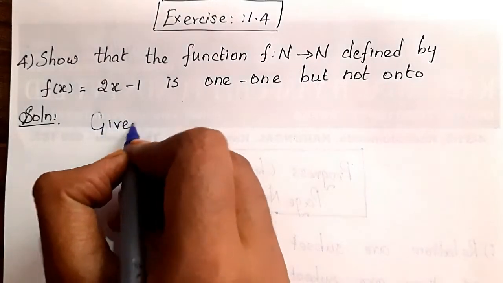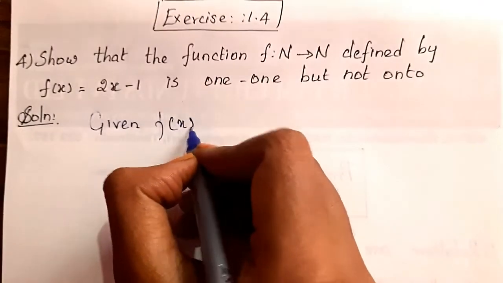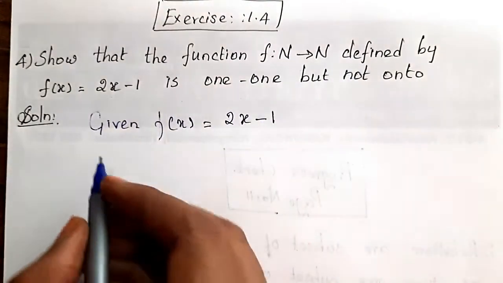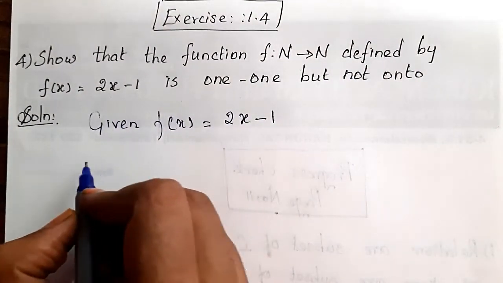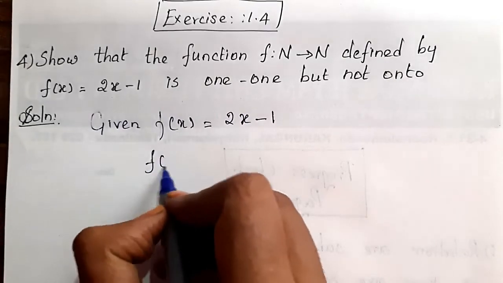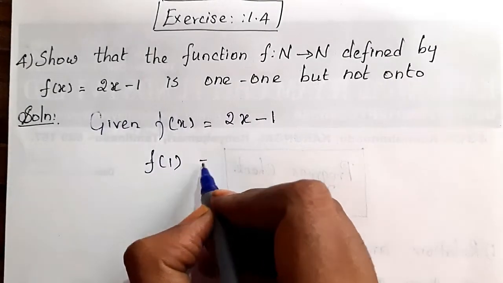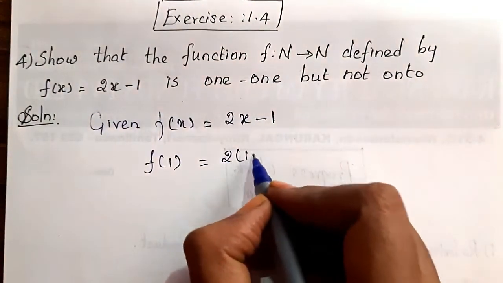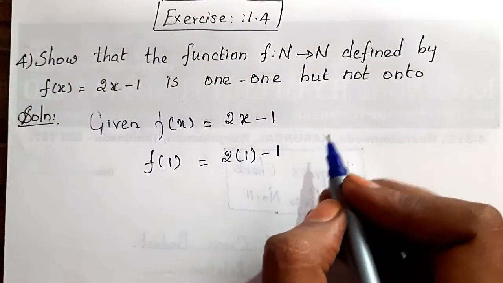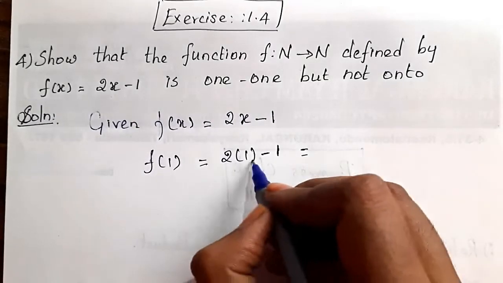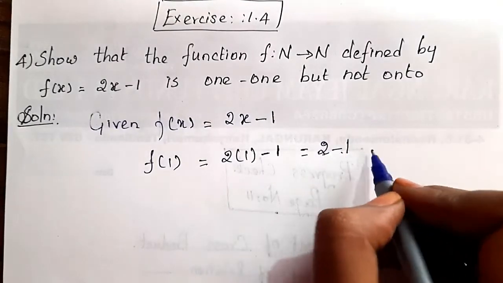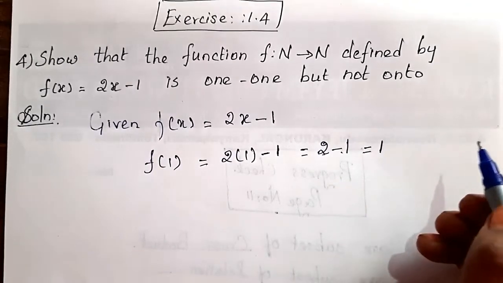Given f of x equal to 2x minus 1. So we can find out f of 1. f of 1 equal to, just substitute the value, 2 into 1 minus 1. That is equal to 2 into 1, 2, then minus 1, 2 minus 1 is 1.